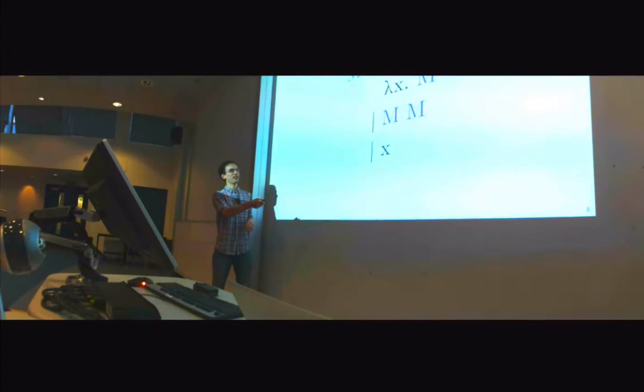So this term here is a function, and this is the argument to that function. And we don't bother putting brackets around our arguments because we're grown-ups here. And then the other type of lambda term is just a plain variable. And that's it, that's the whole language.